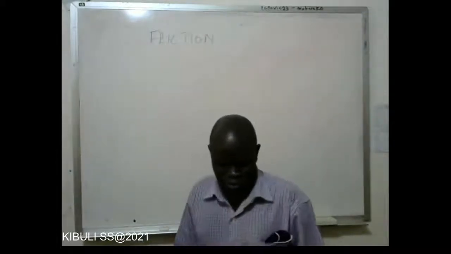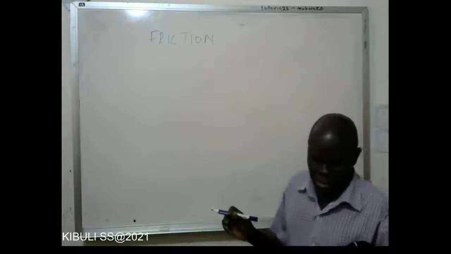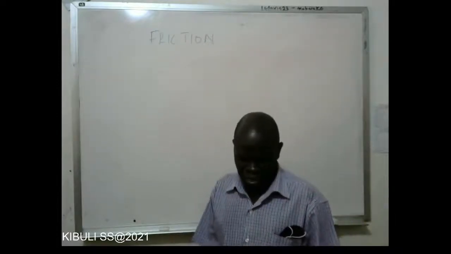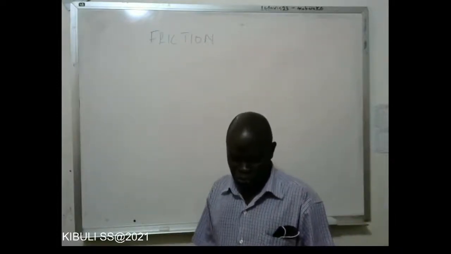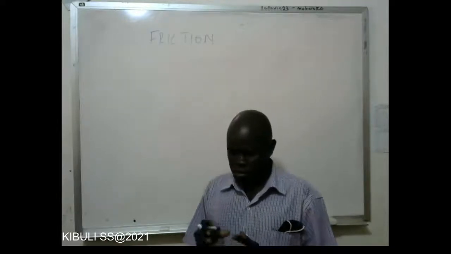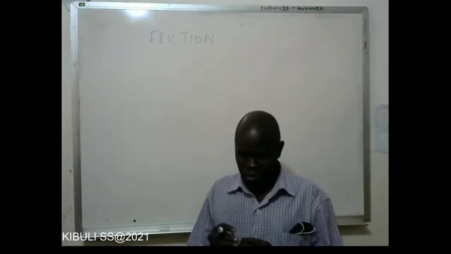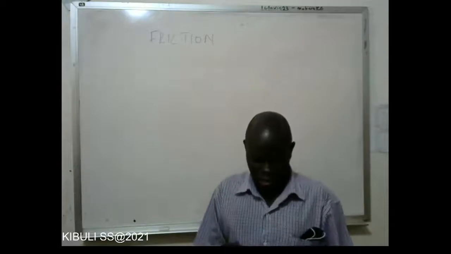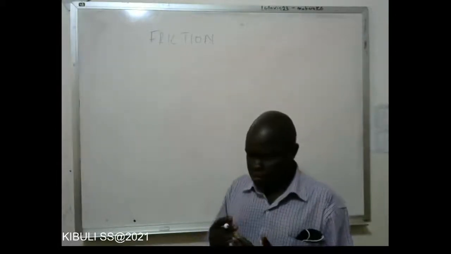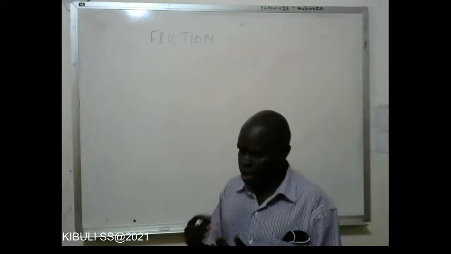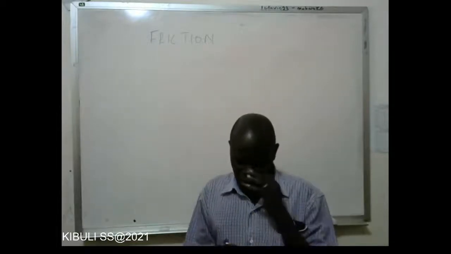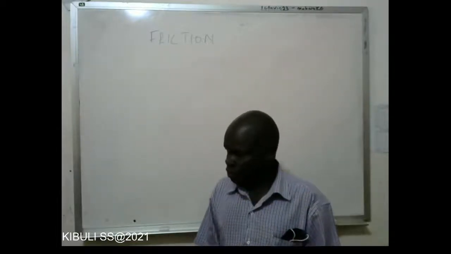Okay, so this morning we are going to look at friction. By definition, friction is a force that opposes relative sliding motion between two surfaces in contact. So the two surfaces must be in contact with one another, and there must be tendency or actual motion between the two surfaces.